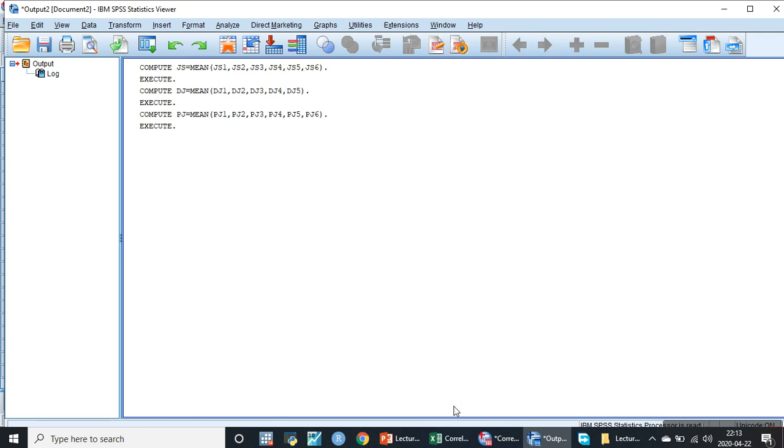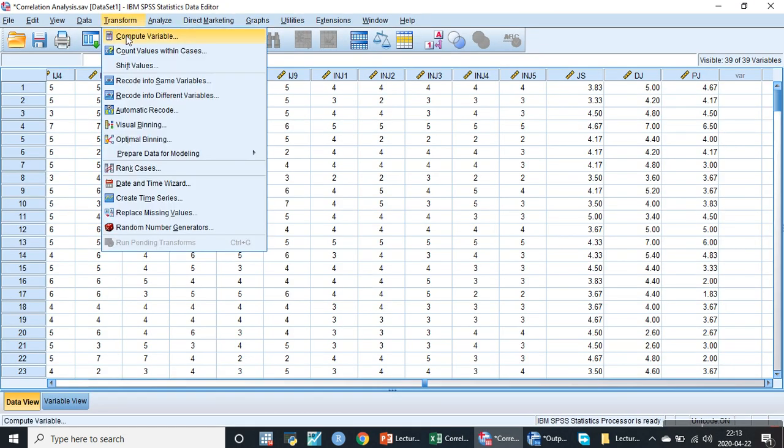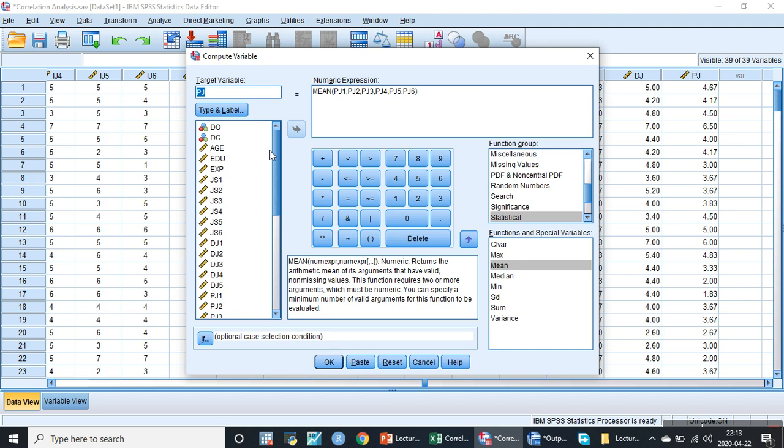Procedural justice. Next variable, transform, compute. The next variable after procedural justice is interactive justice, ij.